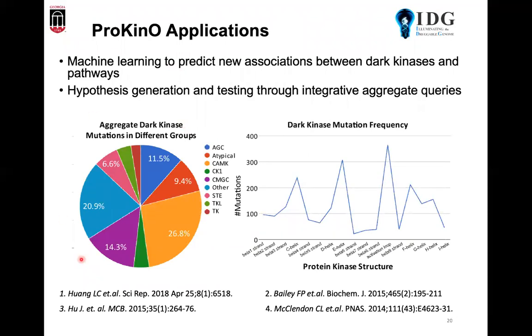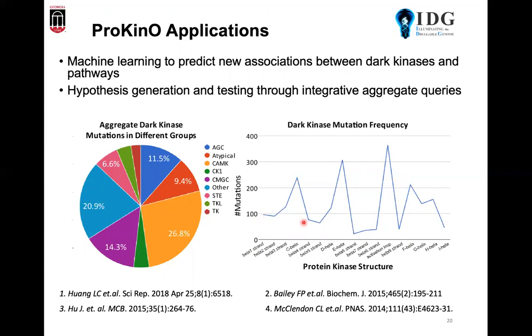As illustrated here through these figures, one of the applications of ProKino is that you could query the ontology for aggregate information linking multiple forms of data, such as an aggregate query that requests all the mutations mapping to various kinases and their evolutionary hierarchy. And you can generate these sorts of graphical outputs that really link all these three different data types.